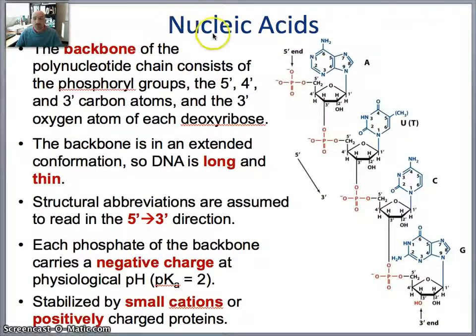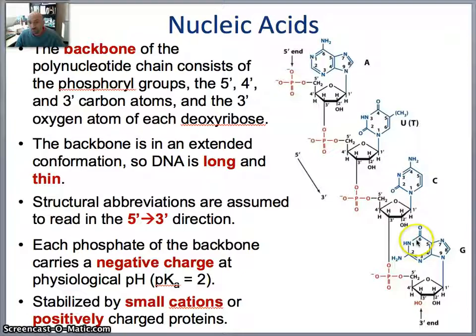All right, so if we look at this backbone, the backbone contains this 5' phosphoryl group. So you have a 5' carbon, 4' carbon, 3' carbon, and then you're going to have the phosphoryl group of the next phosphate. Now this oxygen here comes from the 3' oxygen of each ribose or deoxyribose.